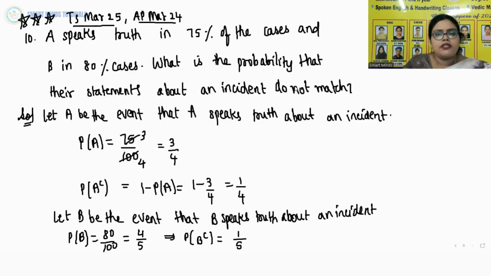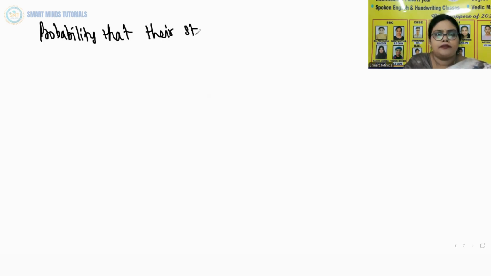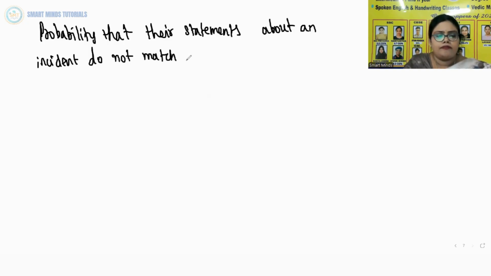But their statements do not match. That is the question. So the probability that their statements about an incident do not match is P of, if A speaks truth, B should tell lies.